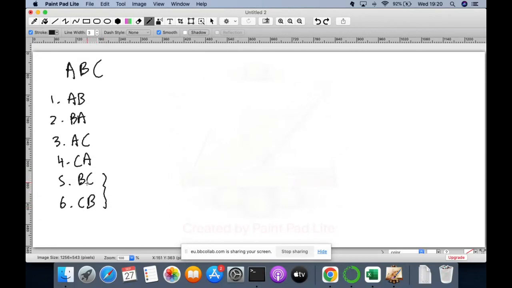Even though they're the same letters, whether we have B first or C first, it matters, so we count them separately. When the order matters, we have six possible arrangements.